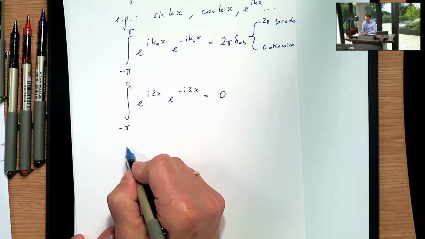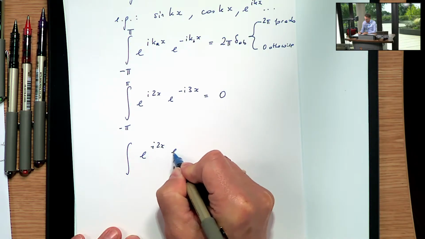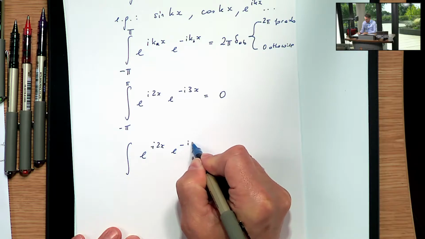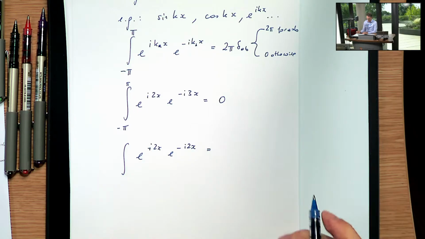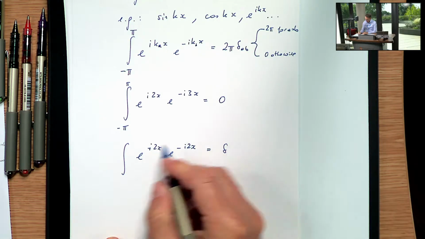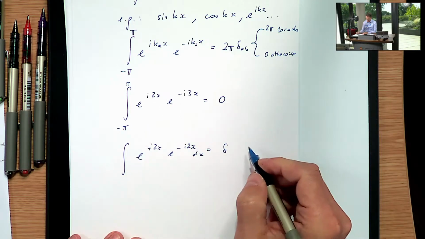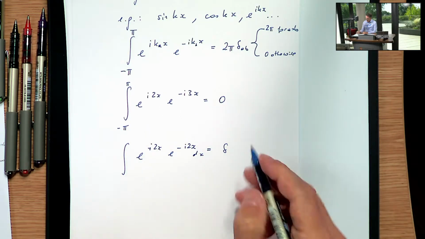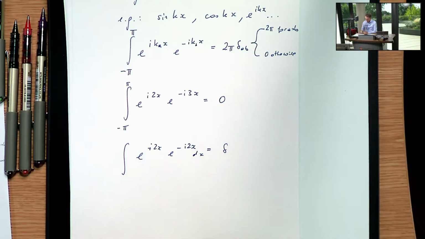Similarly, if you have e to the i 2x times e to the minus i 2x, that is obviously 1 when you do the integral dx, and so this ends up to be 2 pi for this function here.